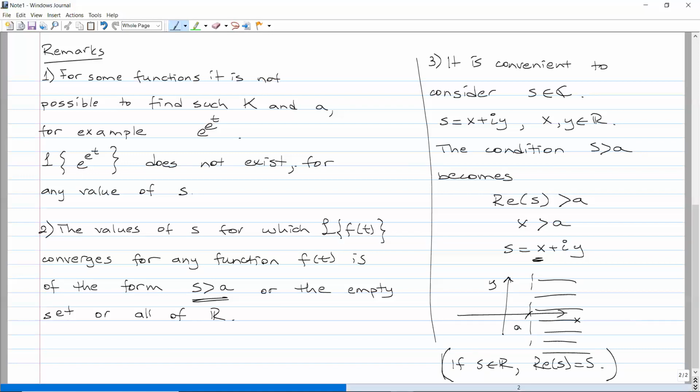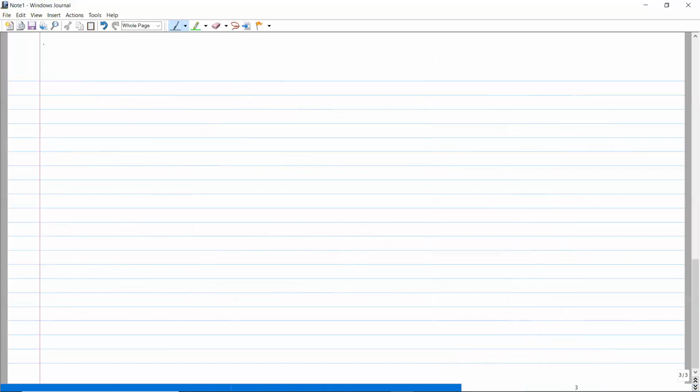Okay, now I continue with my examples. So example 2, Laplace transform of the exponential function itself, e to the at. Here, a is a real number.